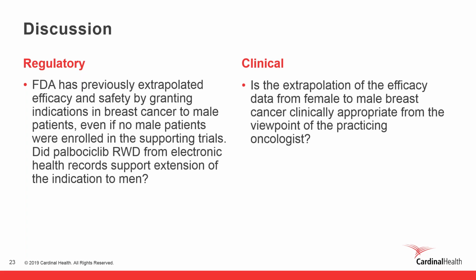And in those cases, additional data may be needed to allow for the extrapolation into men. I definitely think this is one of those situations where the RWD that was provided by Pfizer gave the additional information that gave FDA the comfort in the context of an endocrine therapy and hormonal axis to expand that indication from women into men.